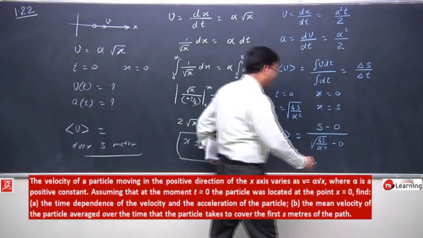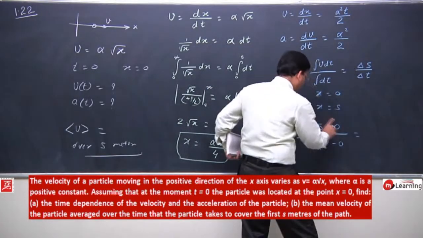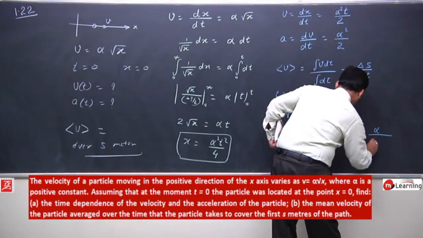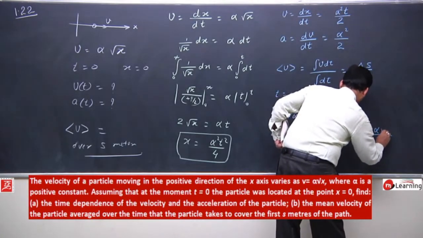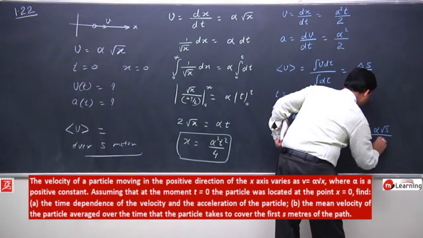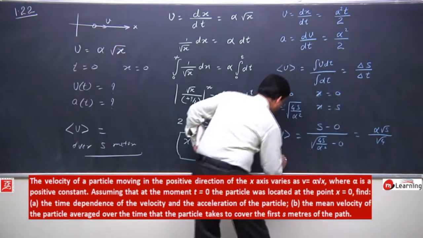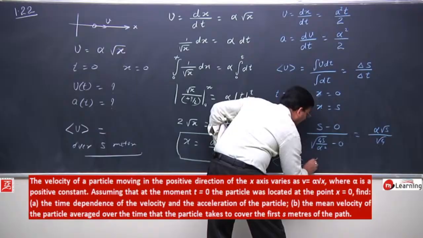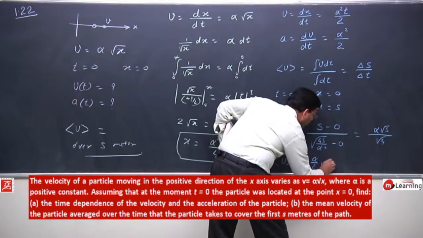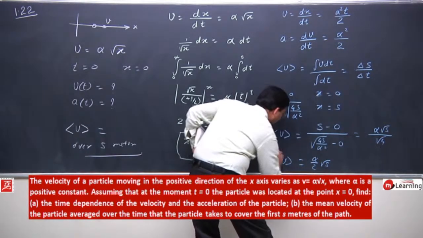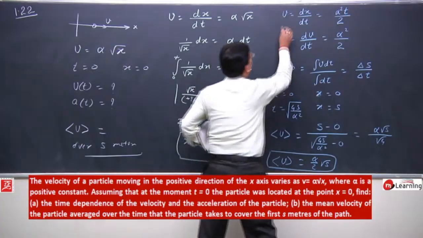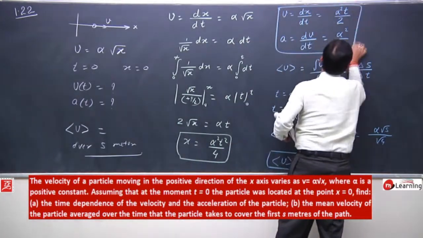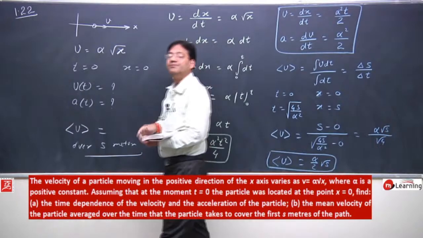So this comes out to be alpha root s by root 4, or you will say this mean velocity is alpha by 2 root s. So these are the answers to the problem.